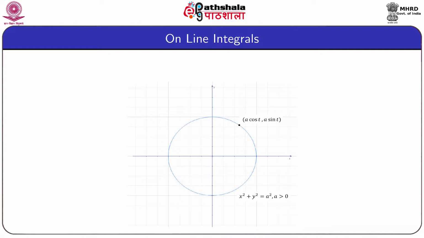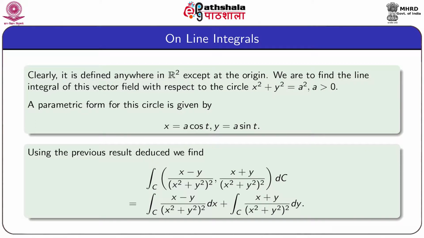Here we have shown the curve over which we are going to find the line integral. Now, a parametric form of the circle is given by x equal to a cosine t, y equal to a sine t.